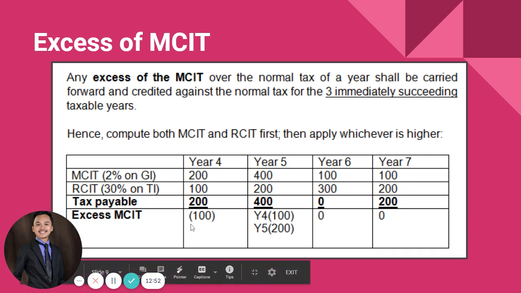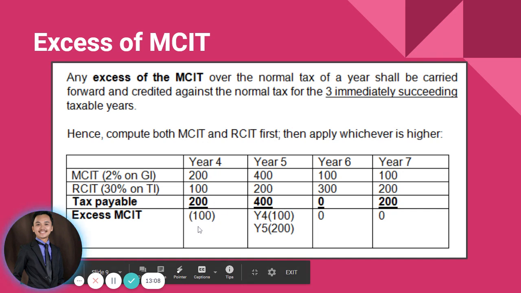But in this case, on year 4, you have an excess of MCIT over your RCIT of 100,000. You have MCIT of 200,000 and your RCIT is 100,000. That means there is an excess of MCIT over your RCIT of 100,000.